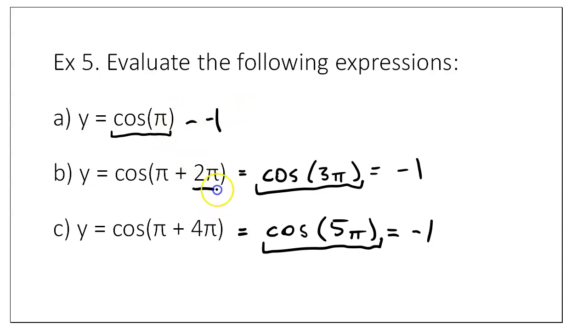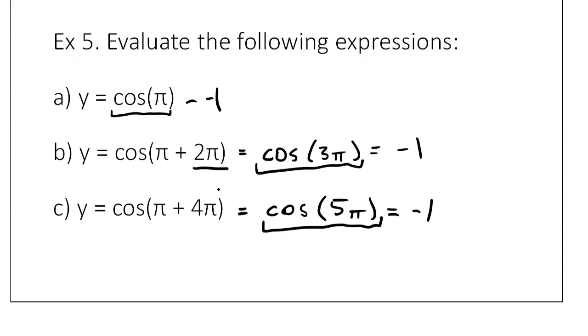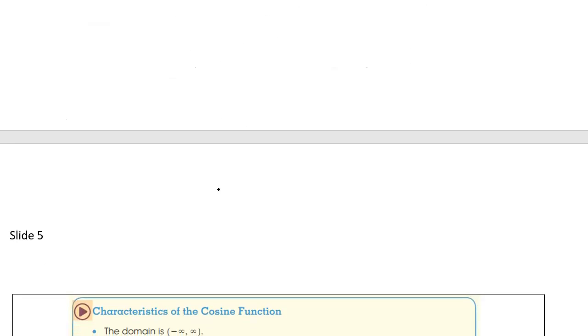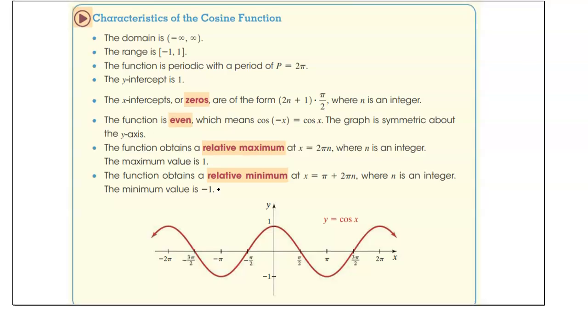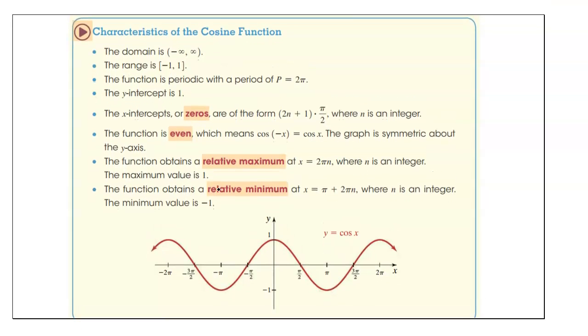So this was just an example to highlight the period is still 2 pi for cosine. Okay, so let's move on. The characteristics of the cosine function are going to be very similar to the characteristics of the sine function.